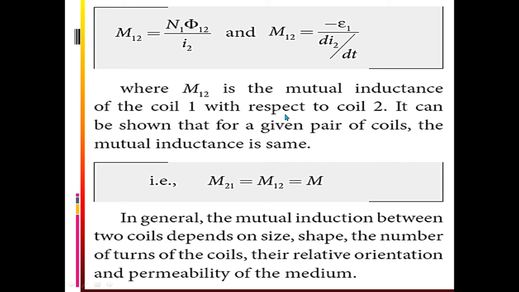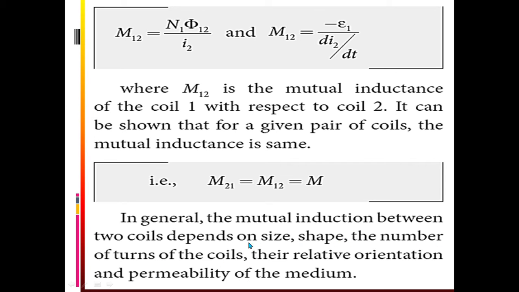It can be shown that for a given pair of coils, the mutual inductance is the same. So M21 is equal to M12 is equal to capital M. So both are equal. In general, the mutual inductance between two coils depends on size, shape and number of turns of the coils.